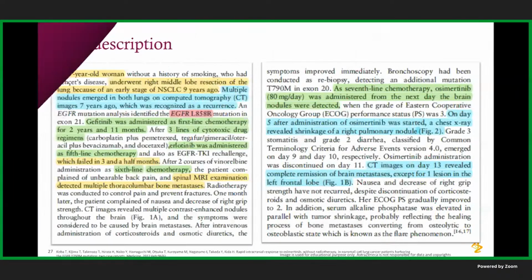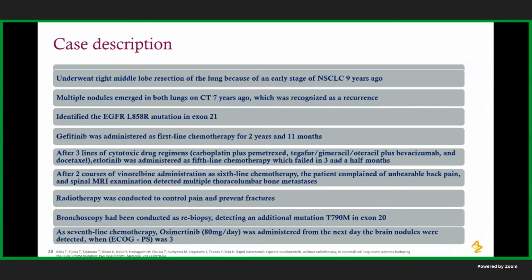First one is a lady who underwent right middle lobe resection, and subsequently she developed lung metastasis, for which she was identified as exon 21 L858R mutation, and she was started on gefitinib.